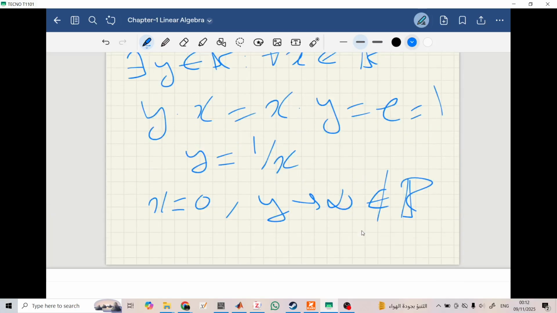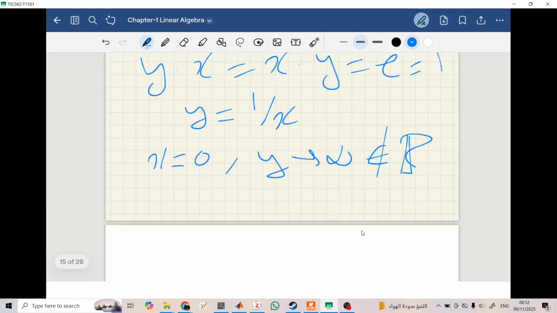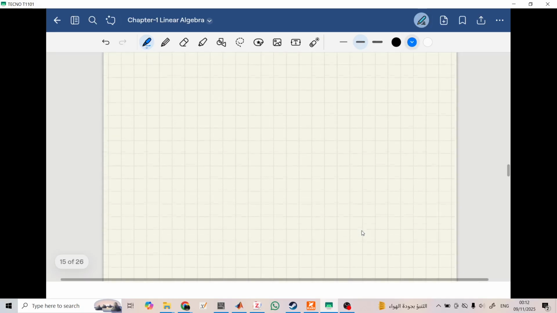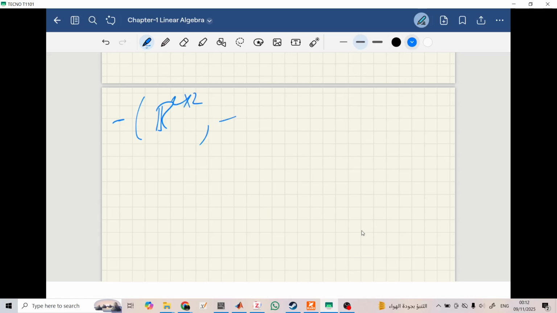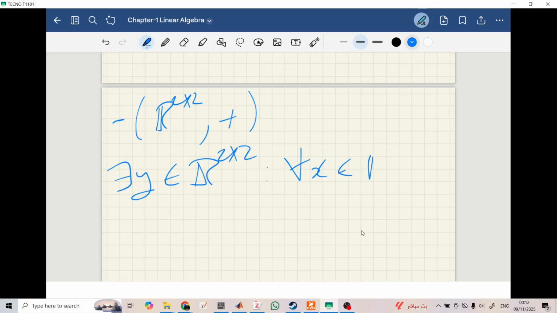Okay, so let's look at the other two examples regarding square matrices. Again, we have R 2 by 2, and the matrix addition. So the inverse element y in R 2 by 2 such that for all x's in R 2 by 2 you have x plus y equals y plus x equals e.